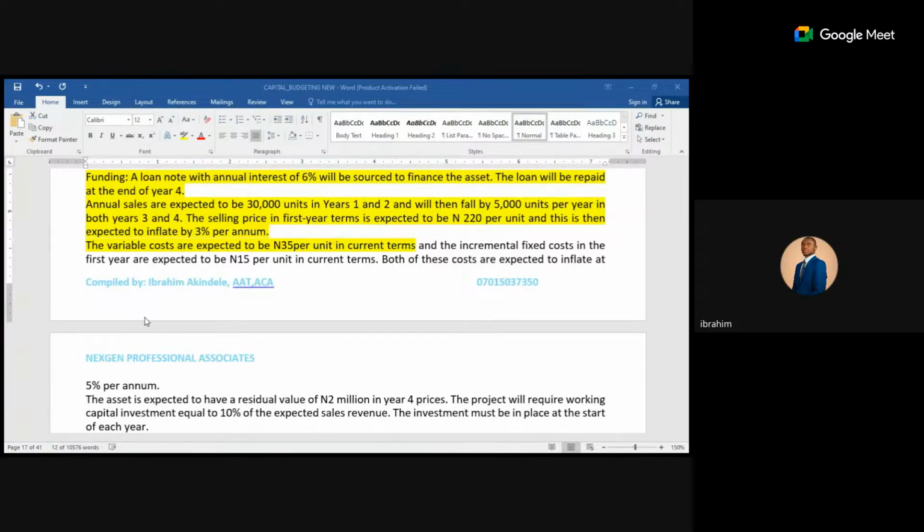So after the first year, you start inflating it from the second, from the third, from the fourth, from the fifth, like that. It wasn't stated that it is at the current terms. When you see current terms, it means that particular variable is at year 0. So immediately after that, you will now start to inflate it. It will be raised to power 1, raised to power 2, raised to power 3.